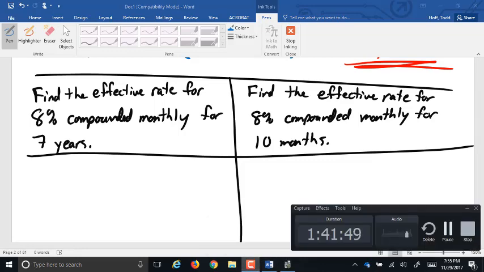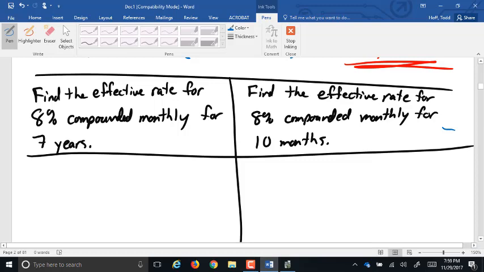Okay, I'm going to pause this. I'm going to give you a few minutes. So for the first part, find the effective rate, 8% compounded monthly for 7 years. We're just going to find the future value. It doesn't matter what number we pick. I'm going to do $10,000 times (1 plus 0.08 divided by 12) to the power of 12, because we're only going to go for 1 year.